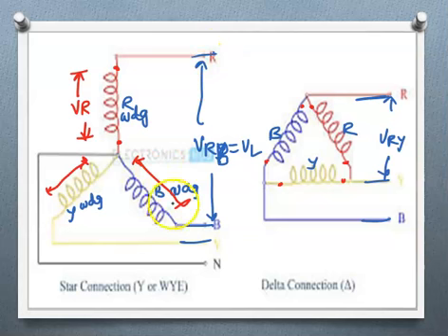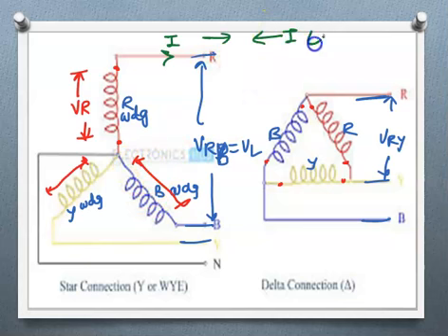Here this R, Y, B are the supply lines. If these are the windings of a generator, then the current will be in this direction, outside, because this is generating the supply. If these windings are of a load, then the current will be in this direction, because the load is taking supply and the generator is supplying it.